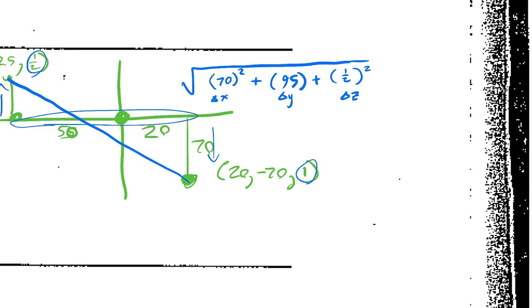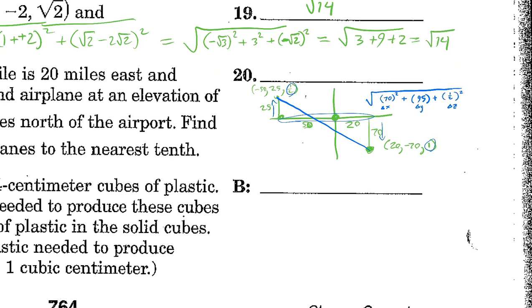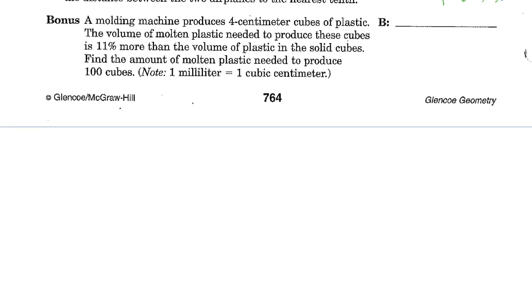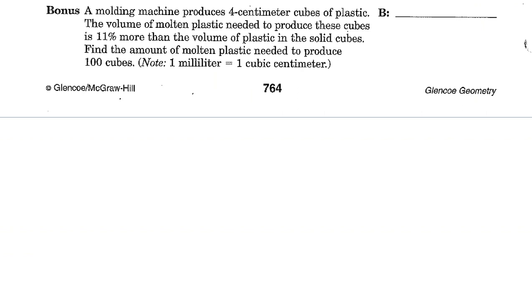So we end up getting, this is exactly equal to the square root of 13925.25, or approximately 118.01. Okay, and that's miles, because all of those are miles. Cool problem, just 3-dimensional. Okay, so a molding machine produces 4 centimeter cubes of plastic.